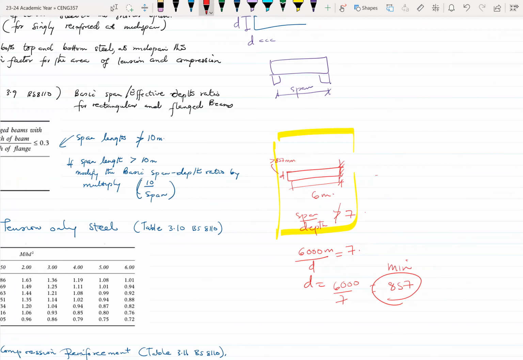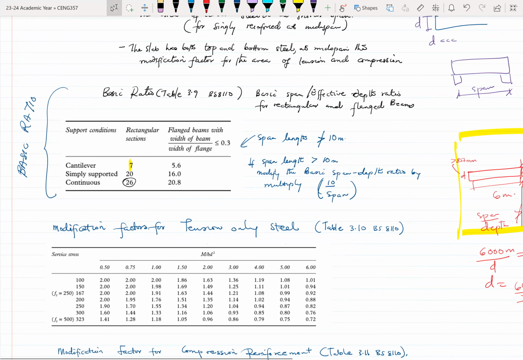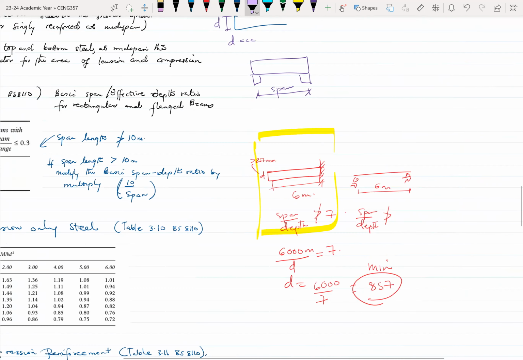So let's say the same beam, but now it's simply supported, with the same span of 6 meters. If you go to the table again, it says your span to effective depth should not be more than 20. So I'm dividing 6,000 by 20, and that gives me 300. So this is the minimum I can use.